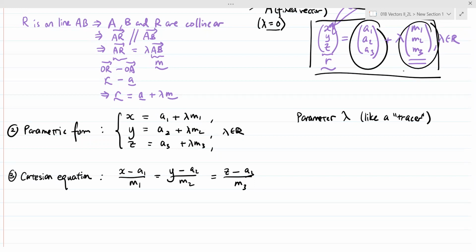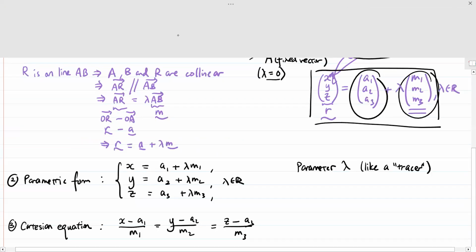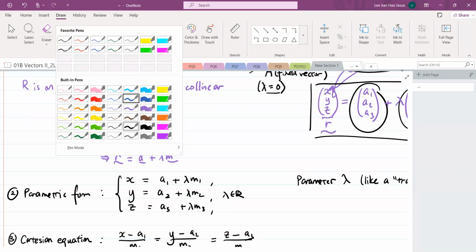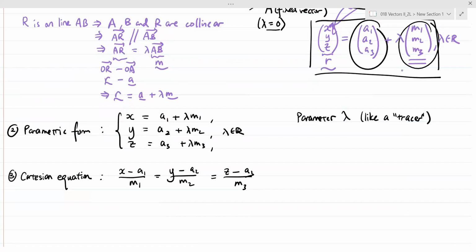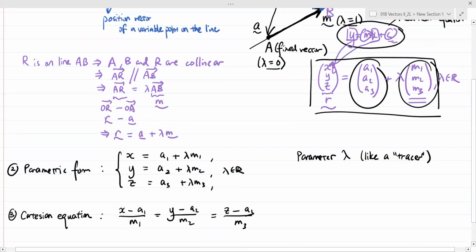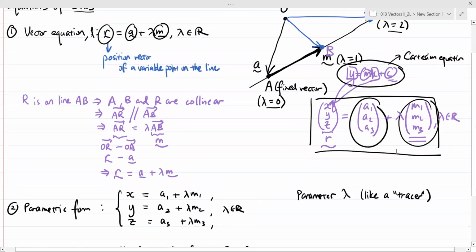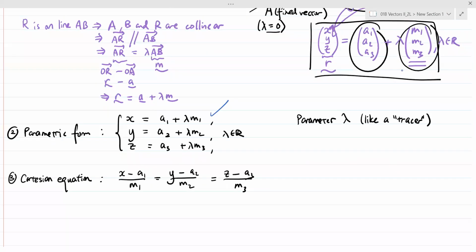So how do you convert from vector form to Cartesian form? The procedure is you have to form the parametric form first. Then for each of them, you make lambda the subject in the equation.